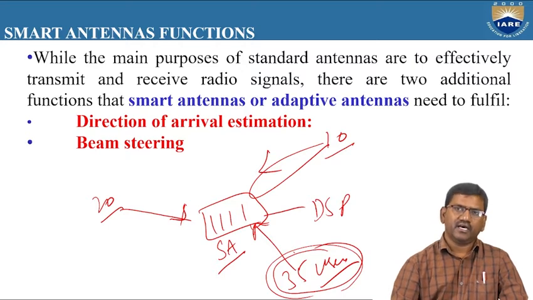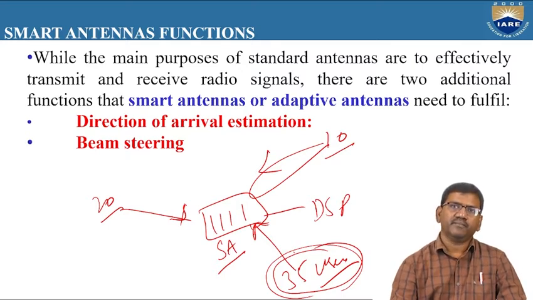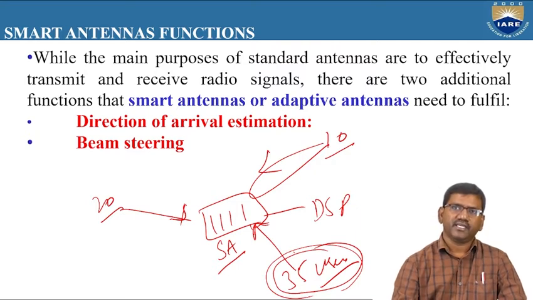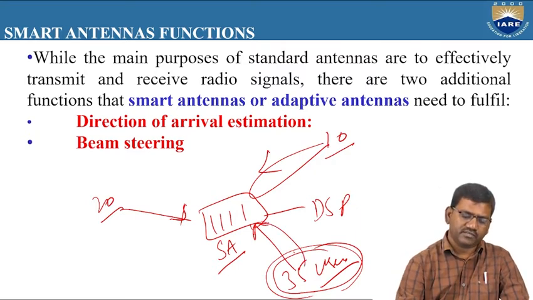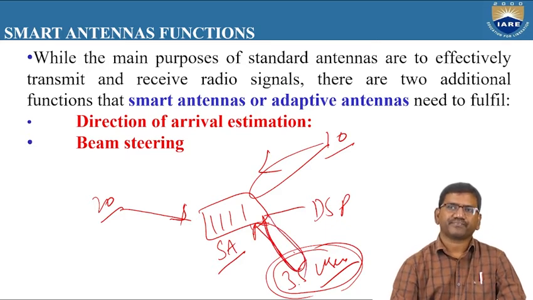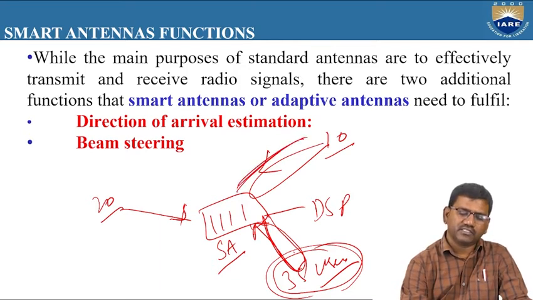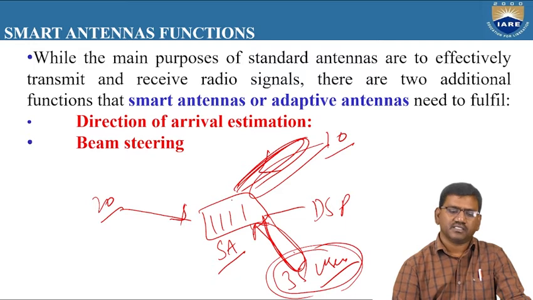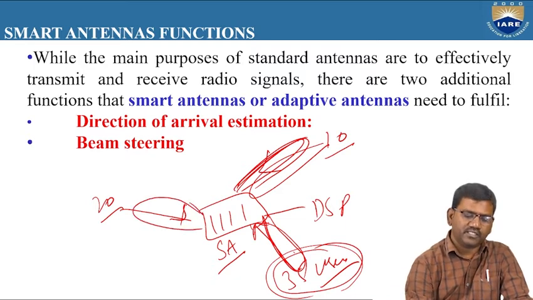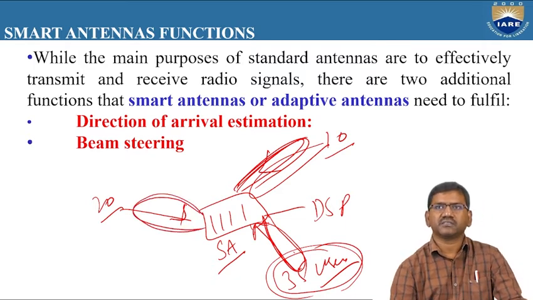That means from the available bandwidth, the radiation beam is steered to the 35 users. Also some amount of radiation pattern is given to the 10 users, and some amount of radiation beam is also allocated to the 20 users.